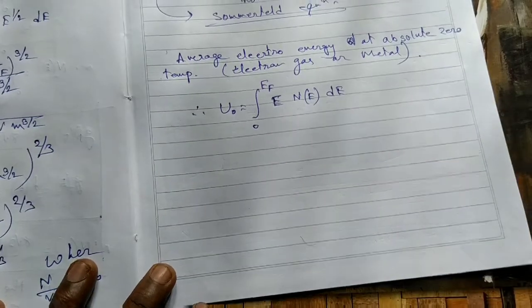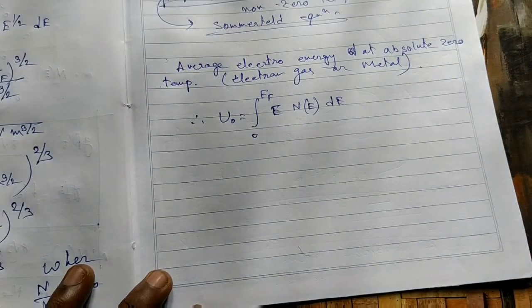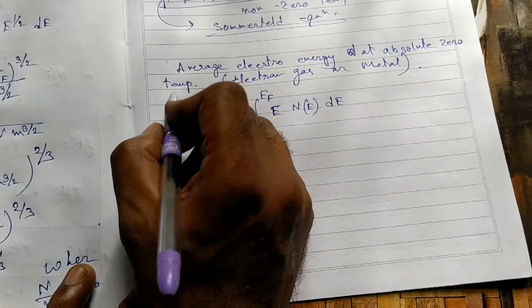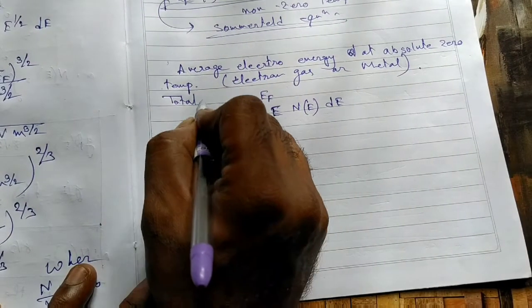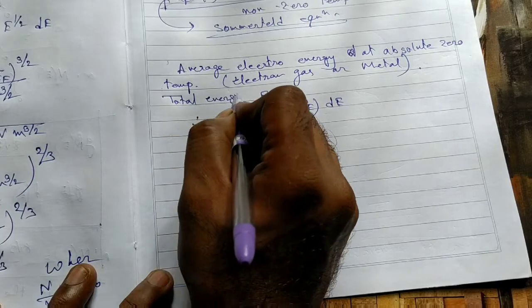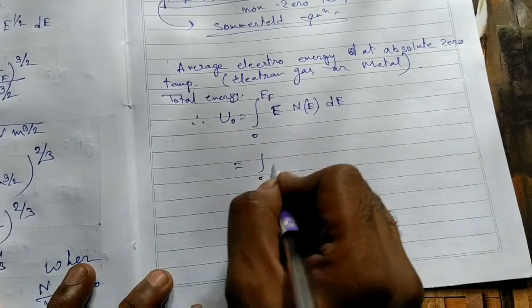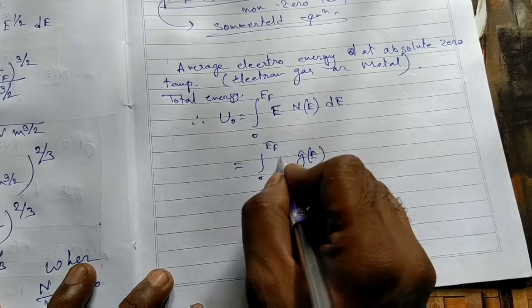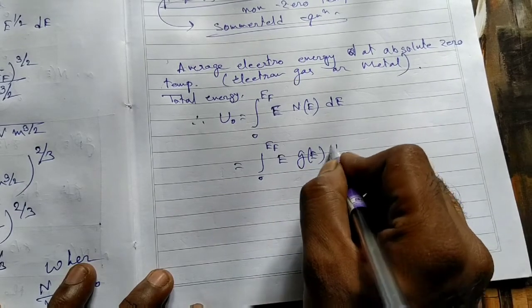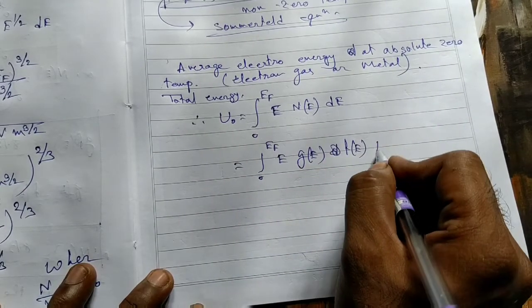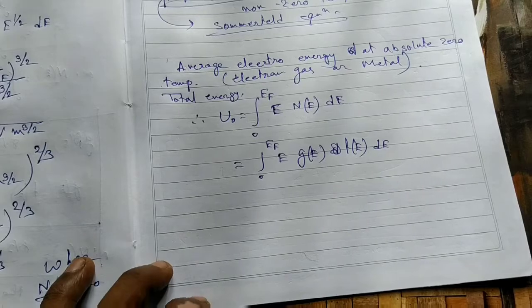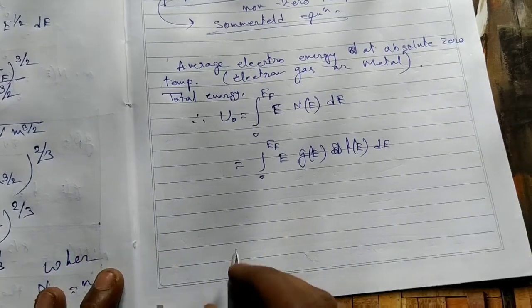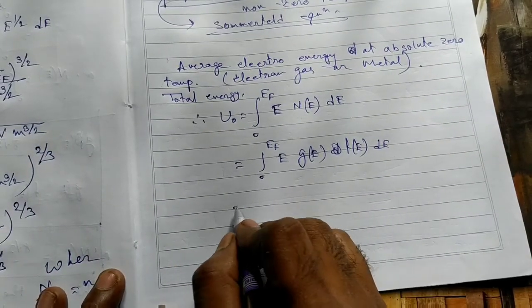This is actually the total energy of the system: the integral from 0 to EF of E g(E) f(E) dE, because we know that N(E) is equal to g(E) f(E).